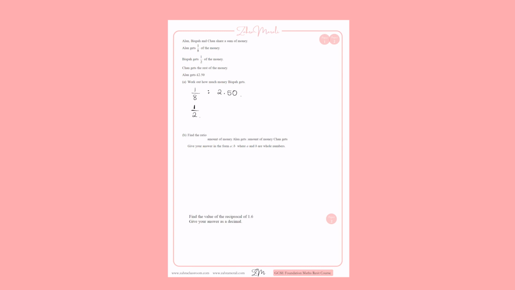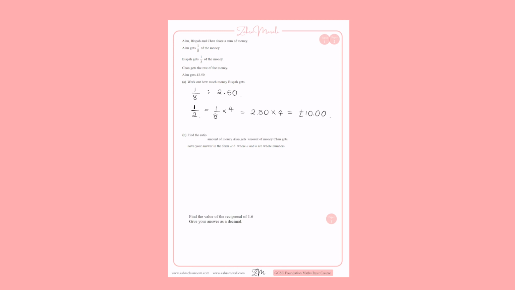Okay, so if we want to make it so it's got an 8 on the bottom, we know 1/2 is the same as 1/8 times by 4, because 4 over 8 cancel down to a half. So if we know 1/8 is £2.50, we can work out a half by doing 2.50 times by 4. When we double £2.50, we get £5. Double that again, we're going to get £10.